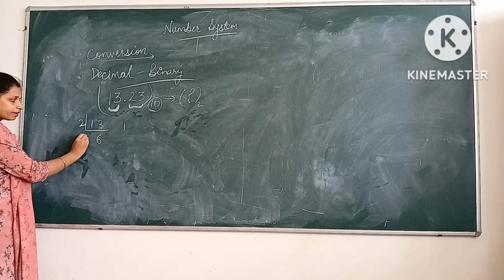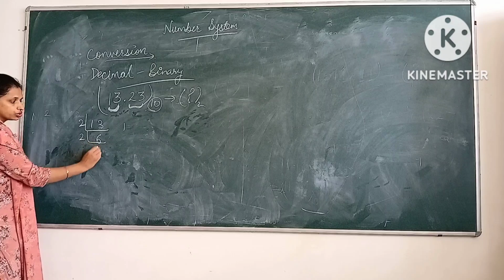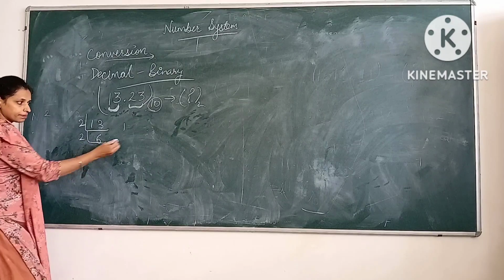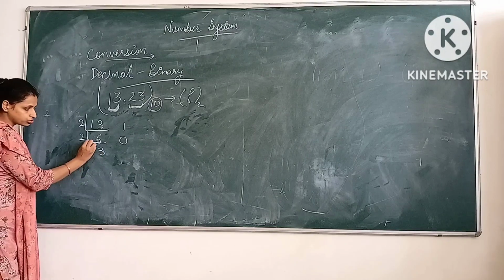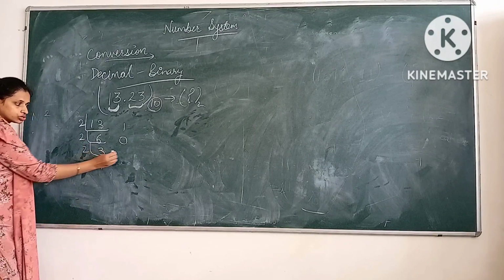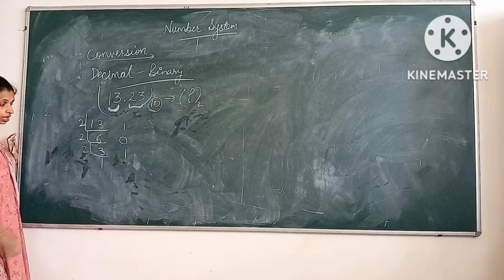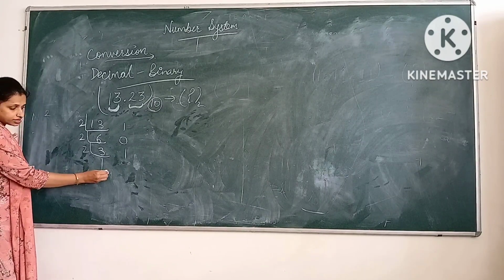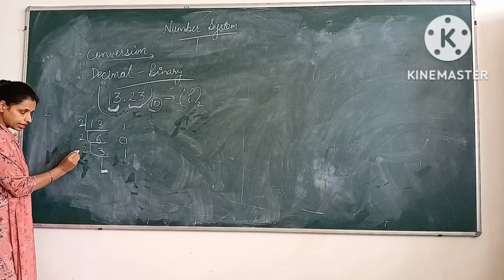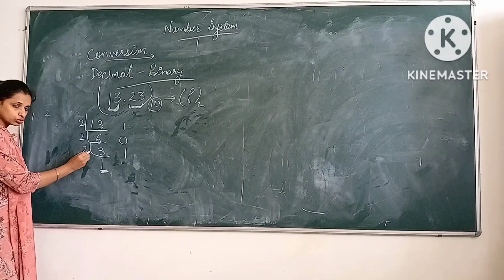Then again divide by 2. 2 3s are 6, remainder 0. Again divide by 2. 2 1s are 2, remainder 1.